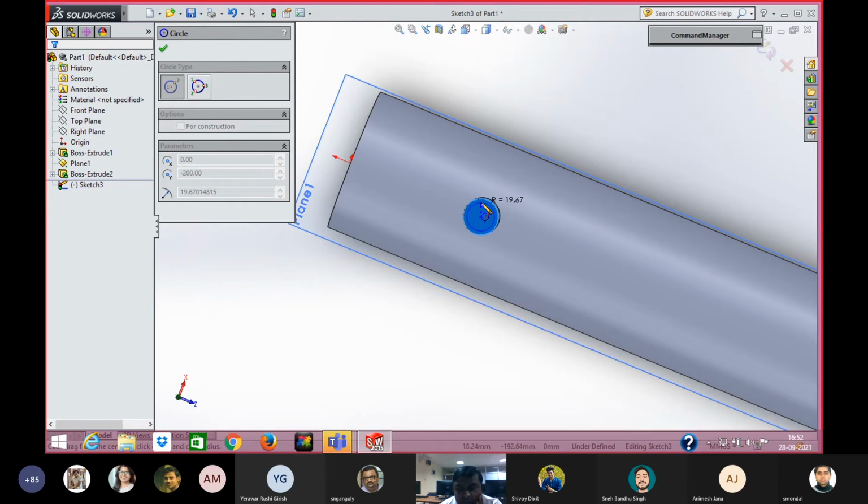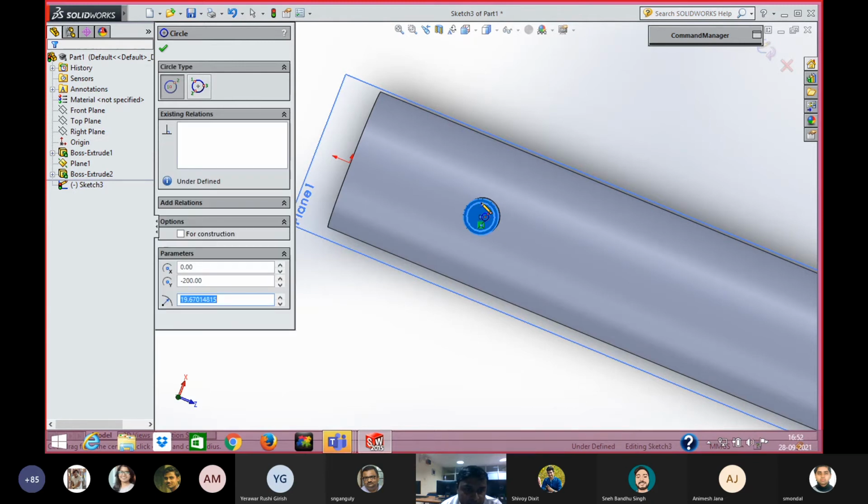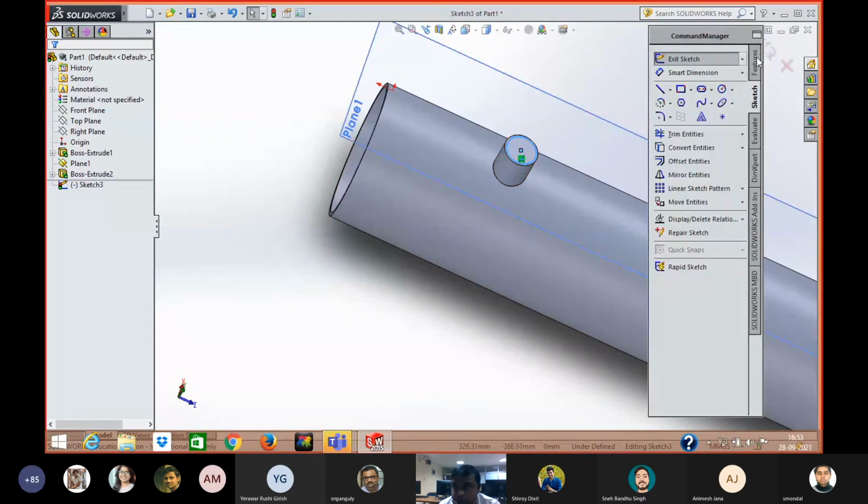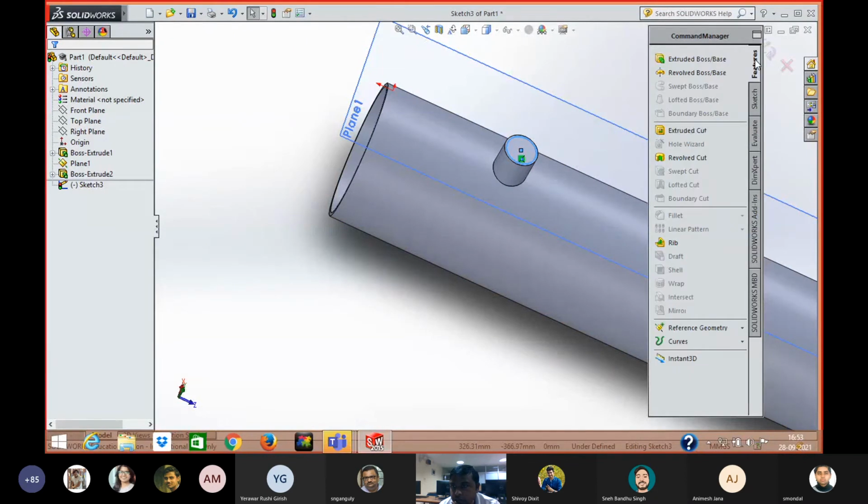Then we can take the radius as, not 11.5, this is 22.5. We can take, let's see. Then go to the features and extrude cut.